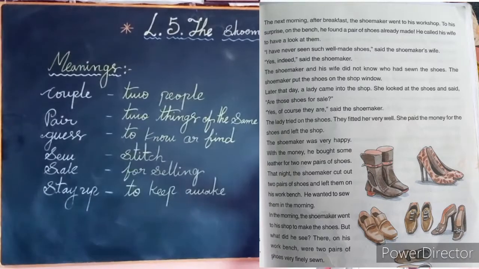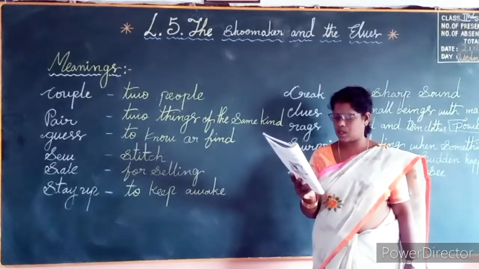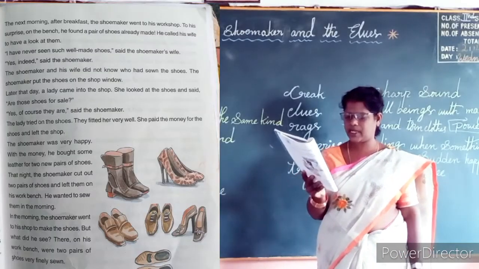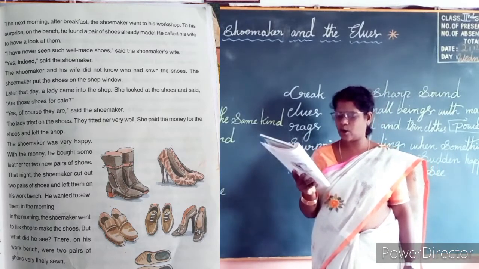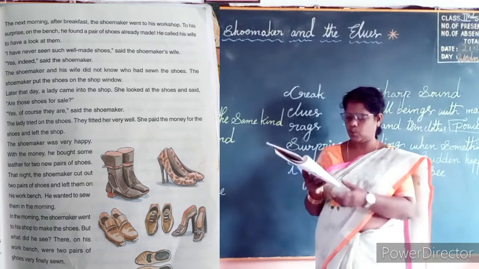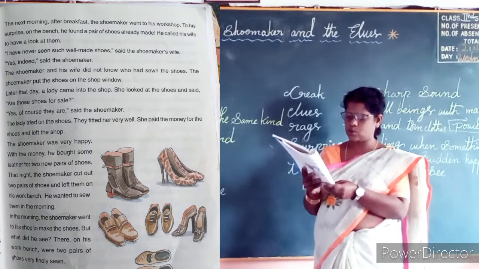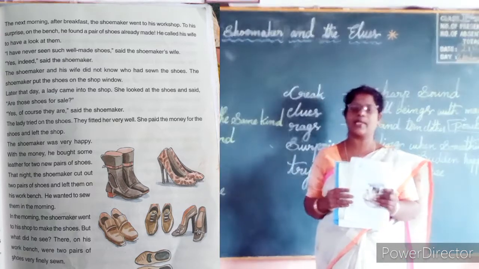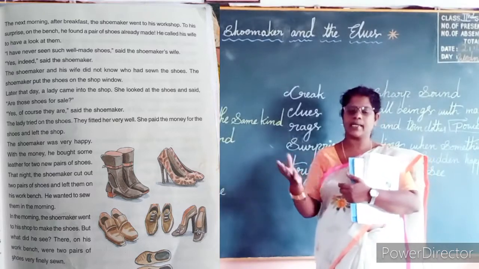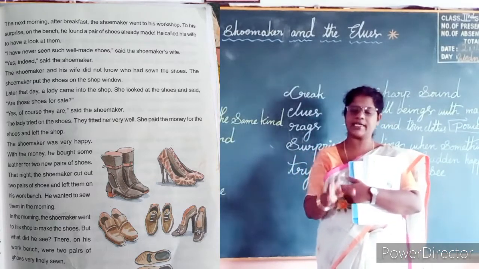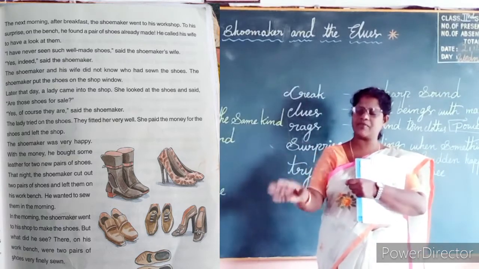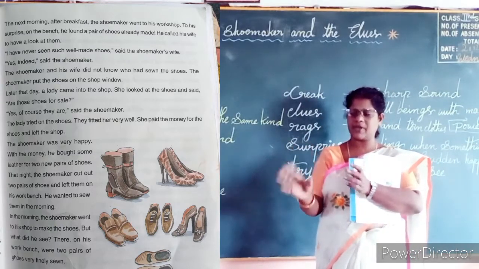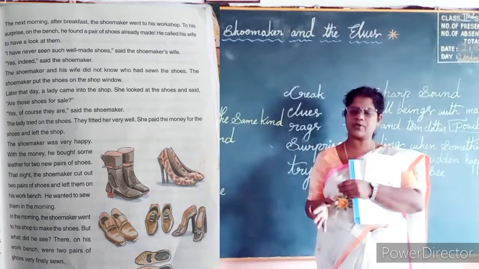Next, in the morning the shoemaker went to his shop to make shoes. But what did he see? There on his workbench were 2 pairs of shoes very finely sewn. Yes, the day before at night he stitched 1 pair of shoes and he left the remaining leather on the workbench and went to sleep.